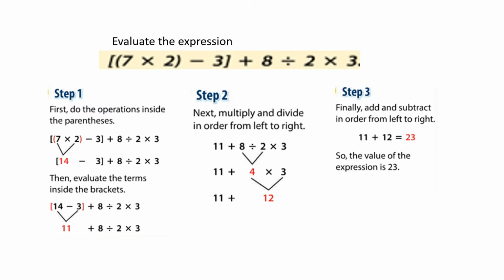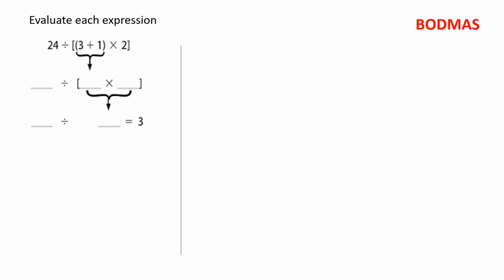So if I said evaluate, it means find the value of the expression, which is 23, of course, by following the rules, which is BODMAS. One more example. If I said find the value of each expression or evaluate each expression, which is 24 divided by (3 plus 1) times 2.